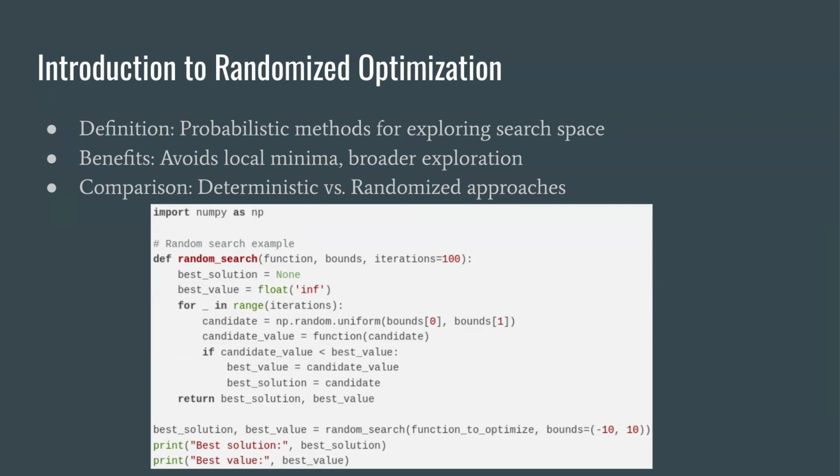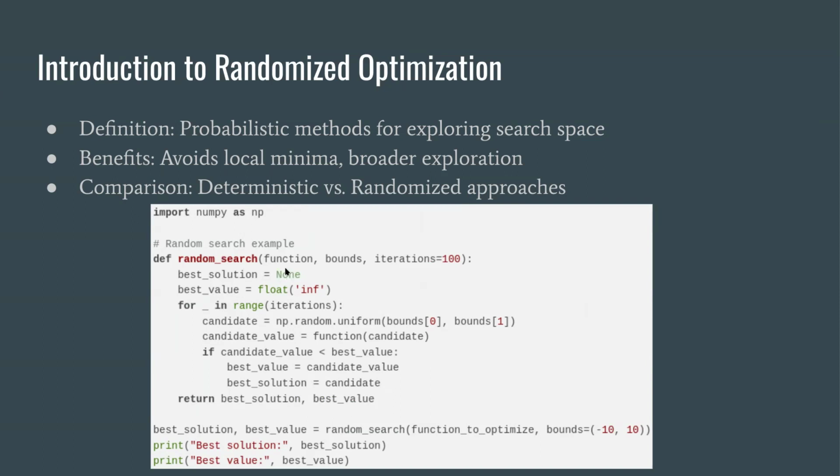Randomized methods use randomness to explore the search space. This helps avoid local minima and enables broader exploration. So by incorporating randomness, these methods can find better solutions for complex and challenging optimization problems.